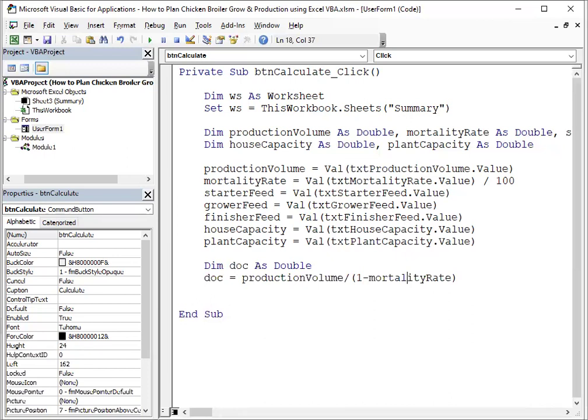Now we calculate the feed requirement. I've done the DOC requirement. I'm going to declare the variable as well. Dim total feed as double.